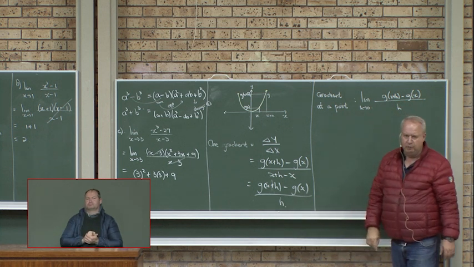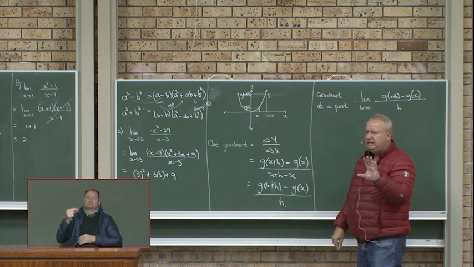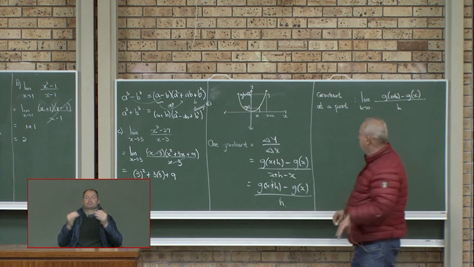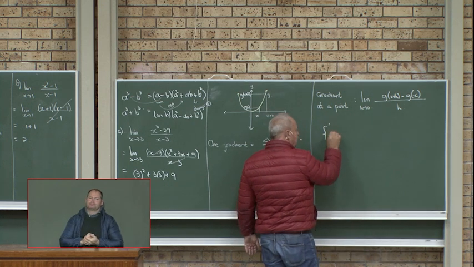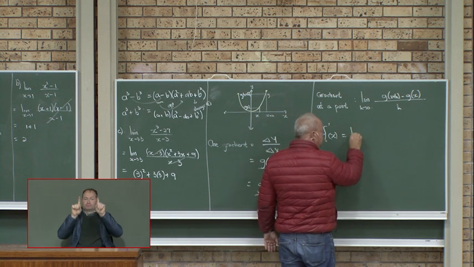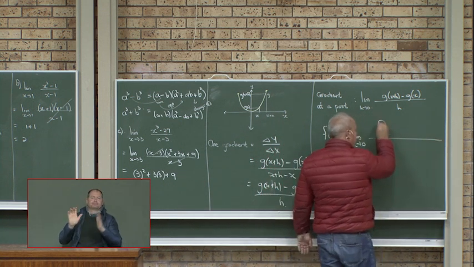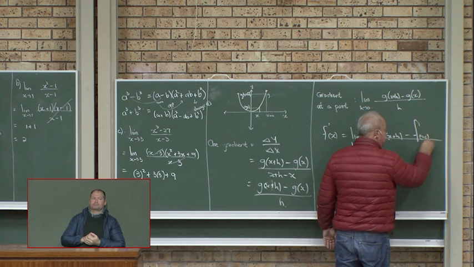So that's the gradient formula, and the gradient formula is the same as using first principles. In terms of first principles, f'(x) is equal to the limit as h approaches 0 of f(x plus h) minus f(x) over h.